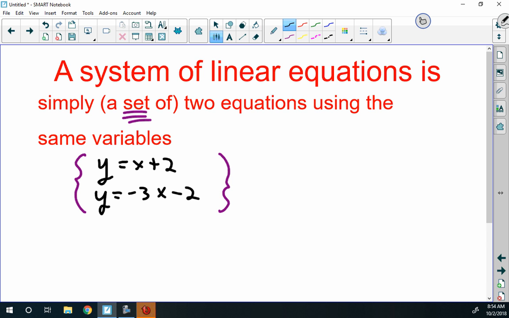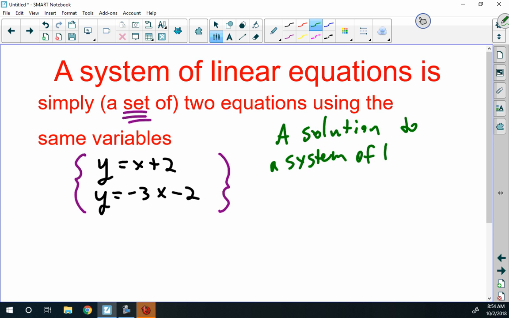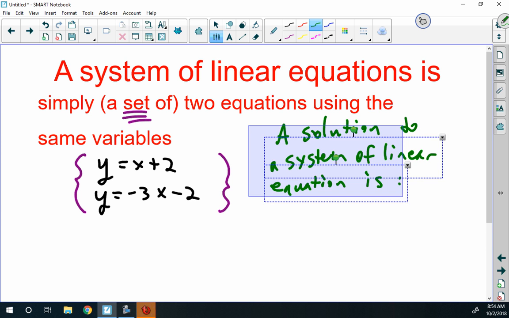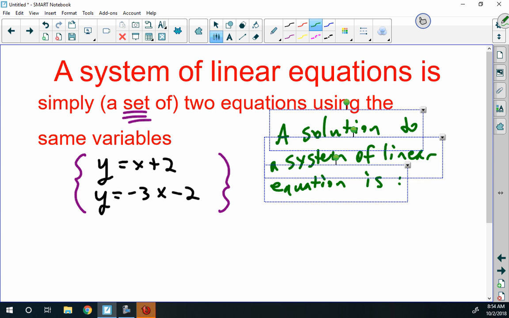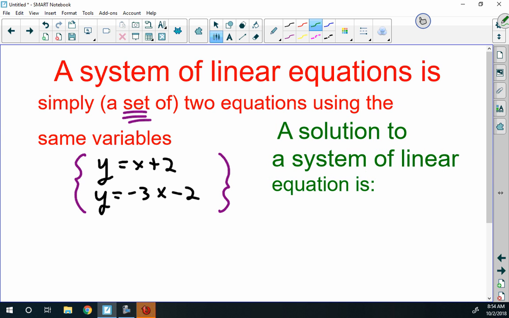All right, a solution to a system of linear equations is one of two things.